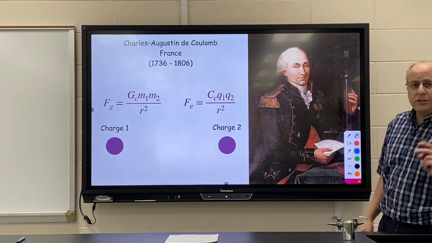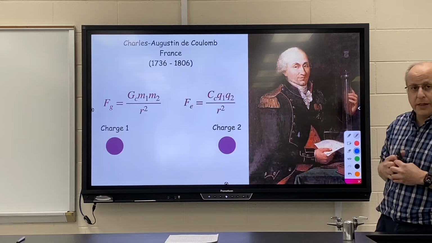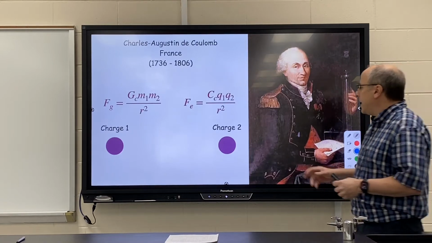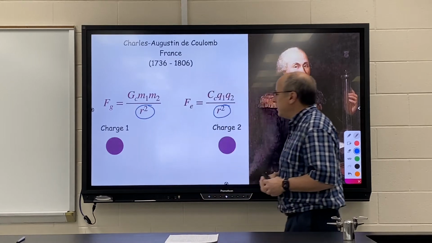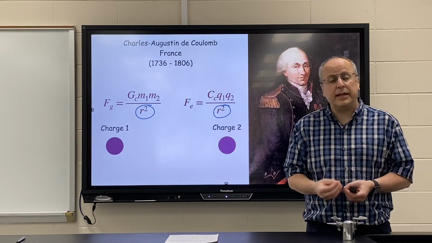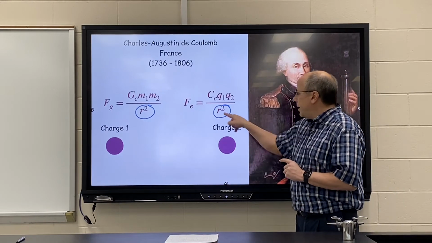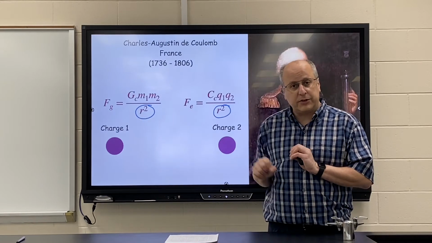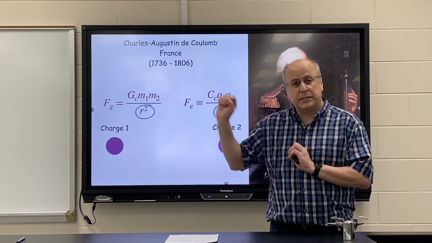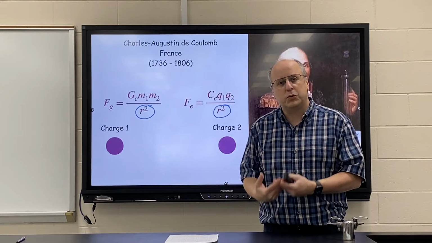I want to remind you that the formula for the force electric is a lot like the formula for force gravity. They both depend inversely on distance. Technically, it's an inverse squared relationship, which means for both of them, if you double the distance the charges are from each other, or you double the distance the masses are from each other, the force will get 4 times weaker.